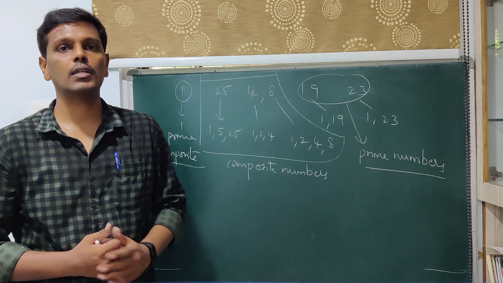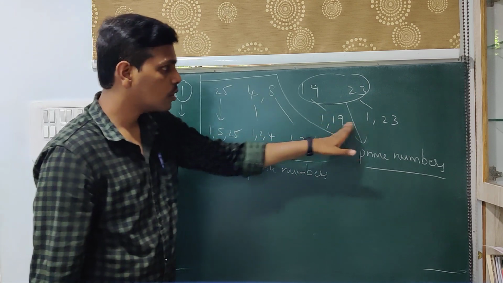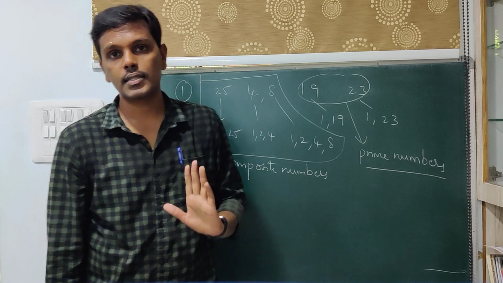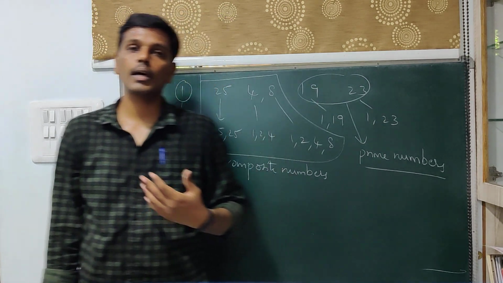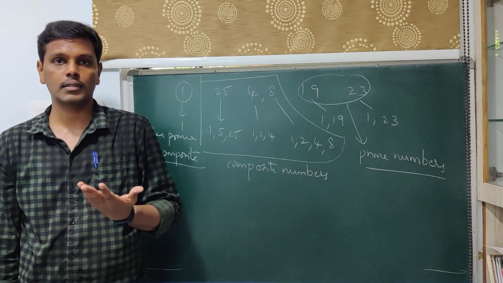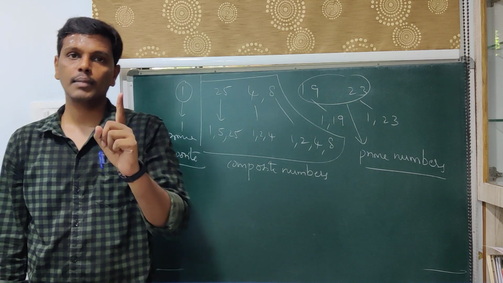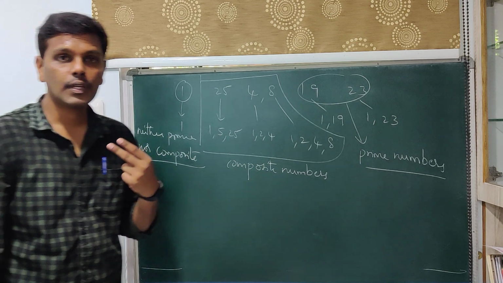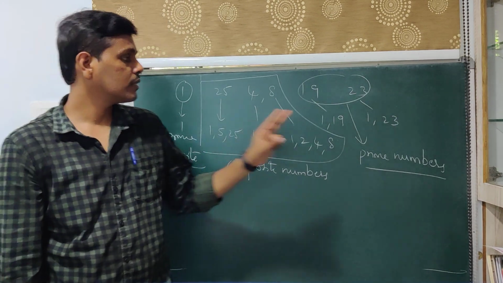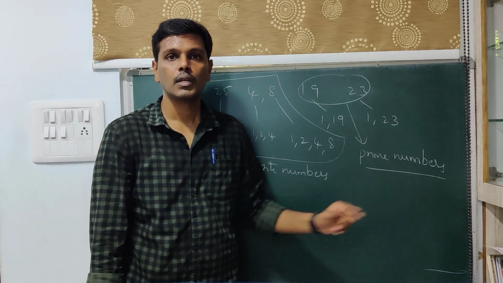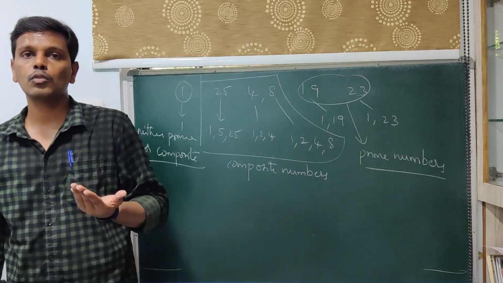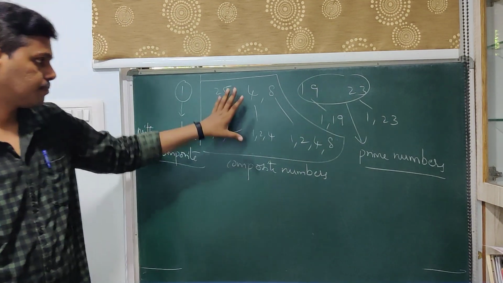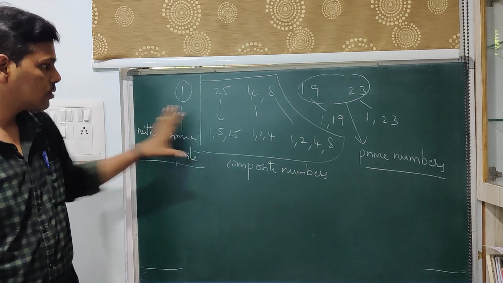That is what we can logically conclude. If a number has only 1 factor, it is neither prime nor composite, which is the case for 1. If a number has 2 factors, it is prime. If it has more than 2 factors, we call it composite. So this is all about it.